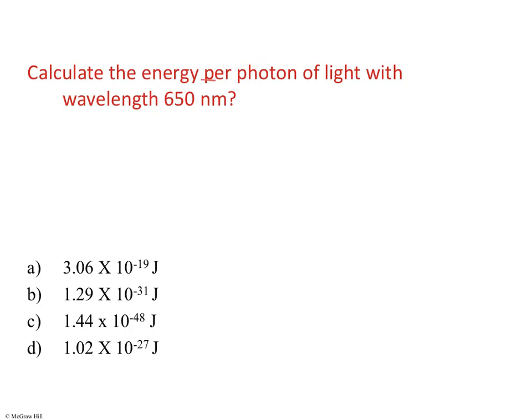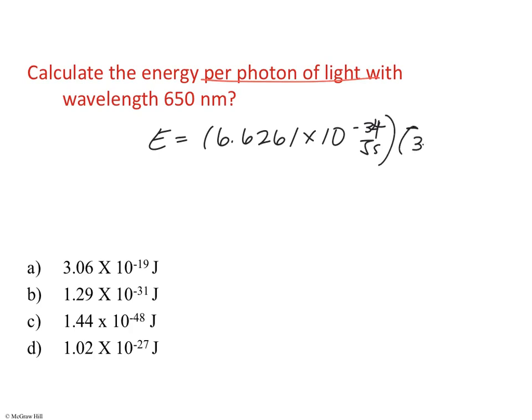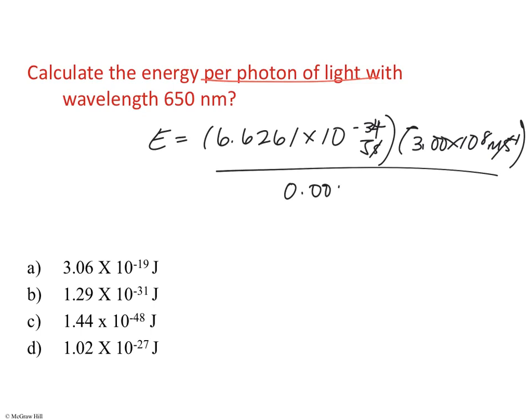All right, calculate the energy per photon of light with a wavelength of 650. So E equals 6.6261 times 10 to the negative 34 joule seconds, times 3.00 times 10 to the 8th meters per second, divided by 0.000000650 meters.